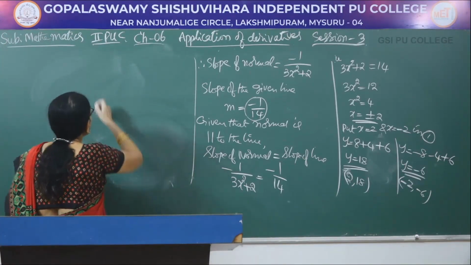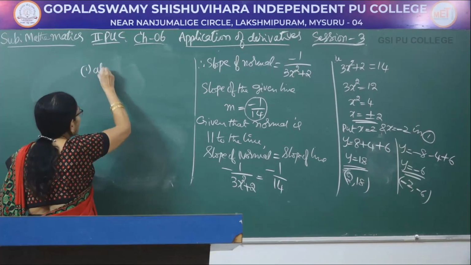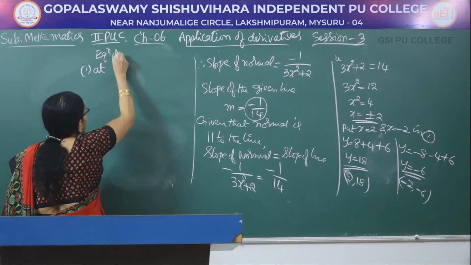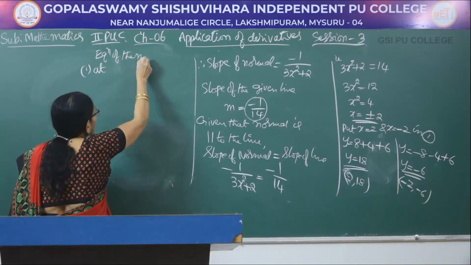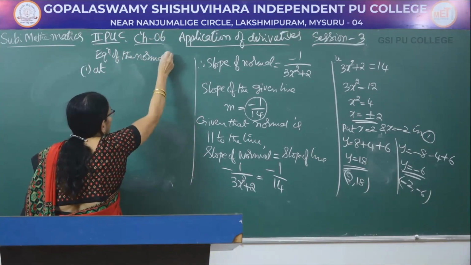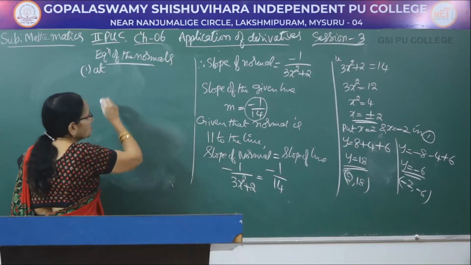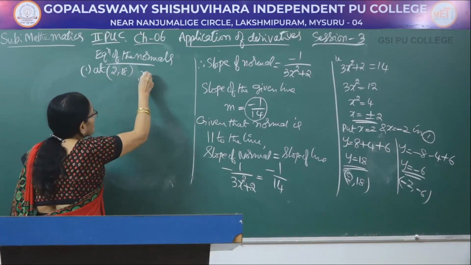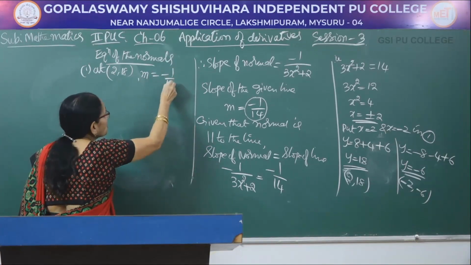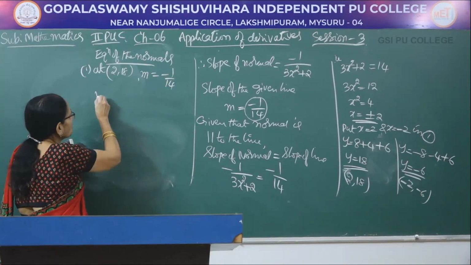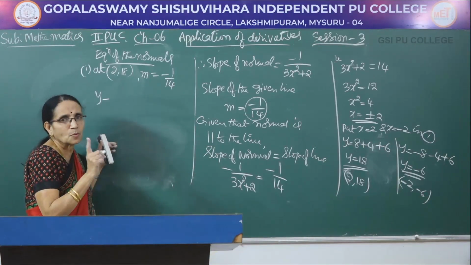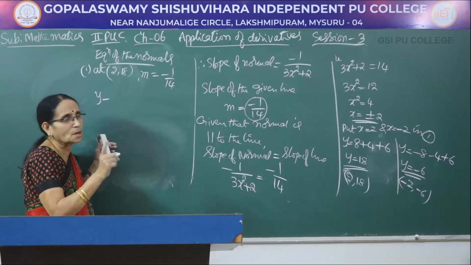First point. At first you write like this, equations of the normals, because we are getting two equations here. At the first point 2 comma 18, the slope is same, minus 1 by 14. Equation is just now what I used in the previous problem, y minus y1 equal to m into x minus x1.